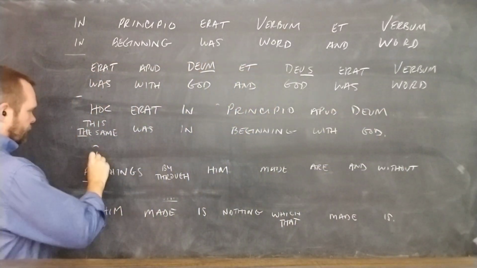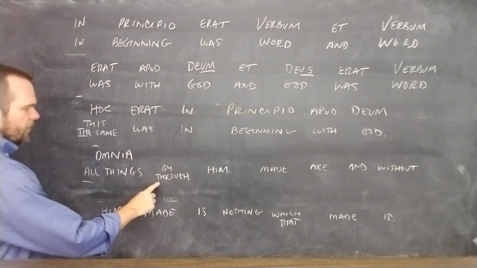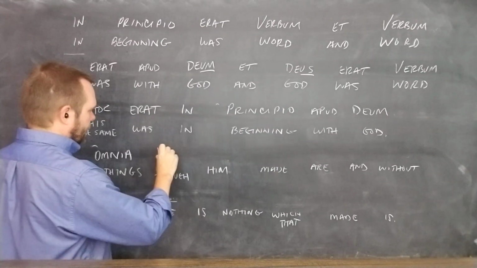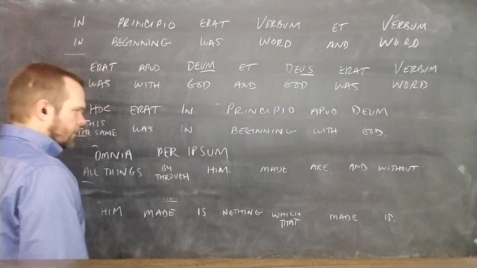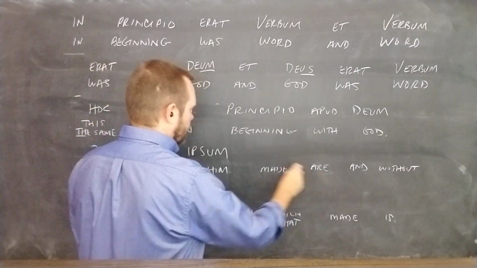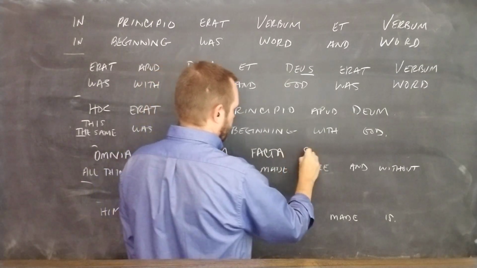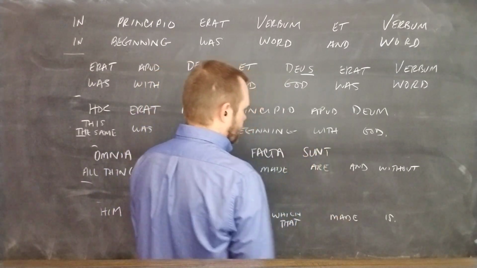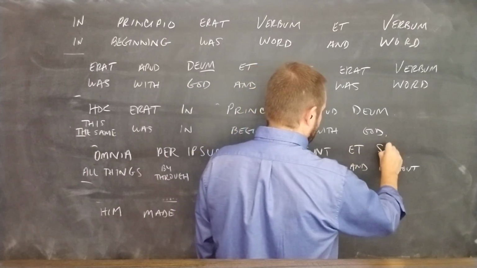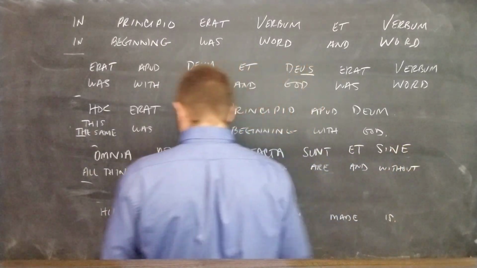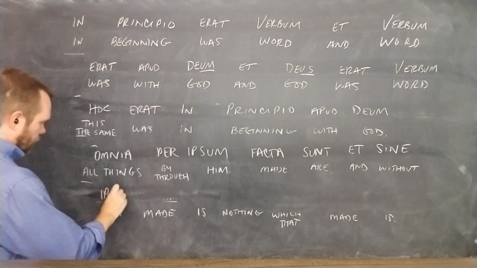All things, that was the Latin word omnia. By or through him, that was per ipsum. Made are, made was here, was facta. Are was sunt. And was et. Without was sine. Without him was sine ipso.